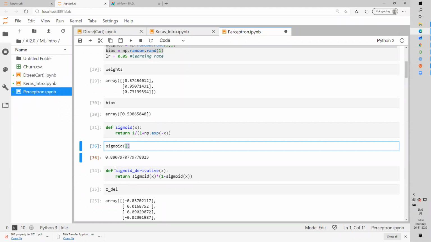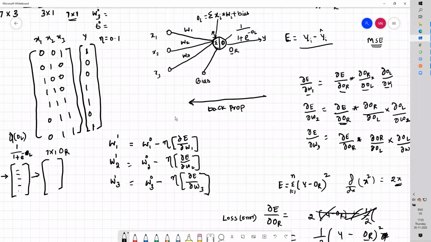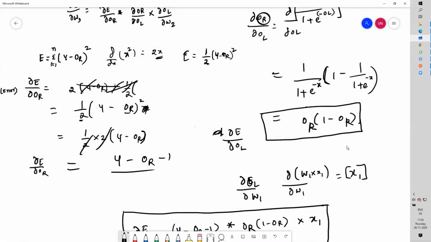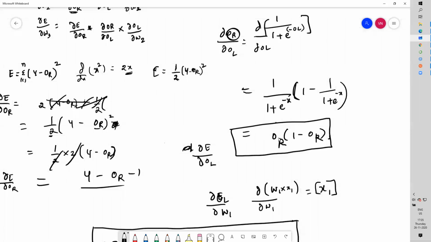Then the sigmoid derivative. Why do we need the sigmoid derivative? If you remember when we did the manual derivation, this is the sigmoid derivative of OR with respect to OL. And what is the derivative? OR into 1 minus OR. So this is the derivative of the sigmoid function 1 by 1 plus e to the power of minus x.